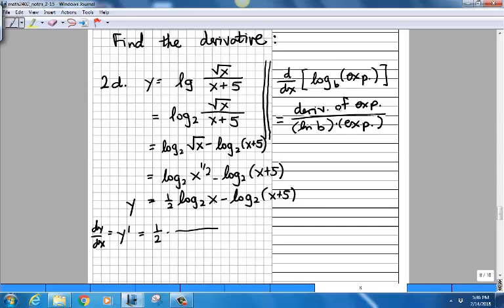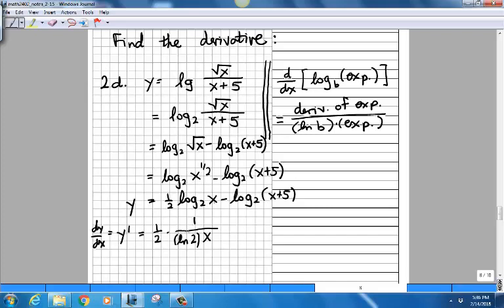Well, you take the derivative of x, that's the expression you're taking the log of, which is just going to be 1. And then that's divided by the expression itself, so it'll be divided by x. And then remember, we have to multiply in also the natural log of our base, which in this case is 2. So we'll multiply in the natural log of 2.